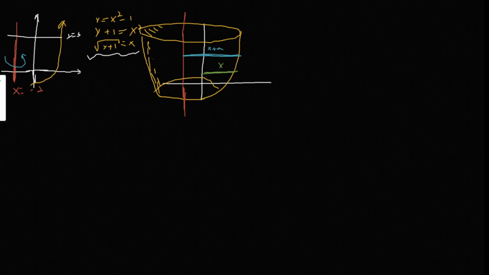So when we take our ring that we're going to spin around, the radius here is actually x plus 2.